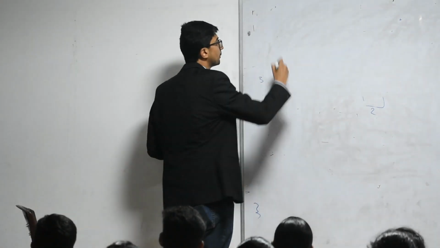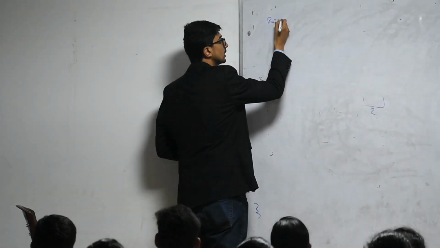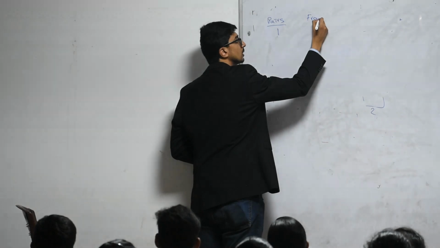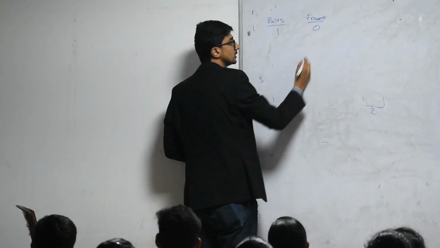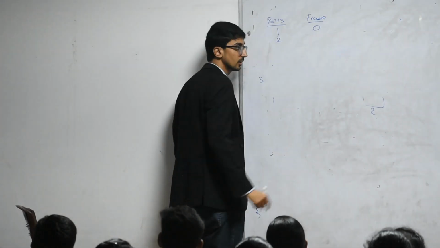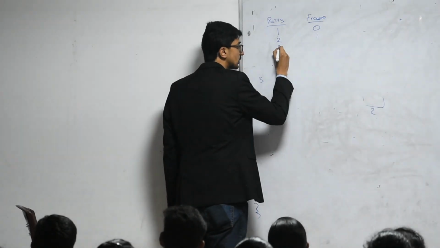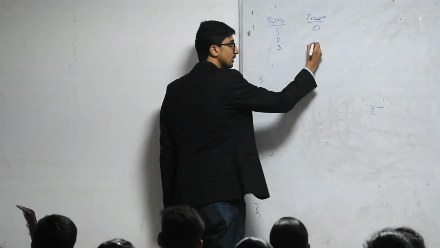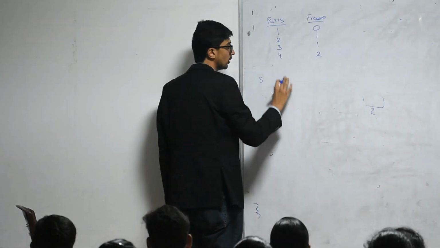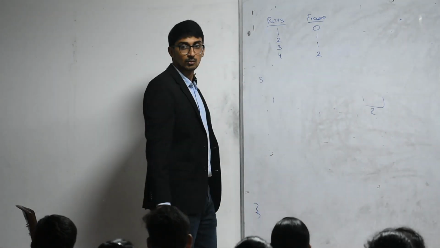Very good. So let's say there is only 1 pair. How many frames can you form? I can form 0 frames. The moment I have 2 pairs, how many frames can I form? I can form 1 frame. When I have 3 pairs, still 1. 4 pairs, 2.